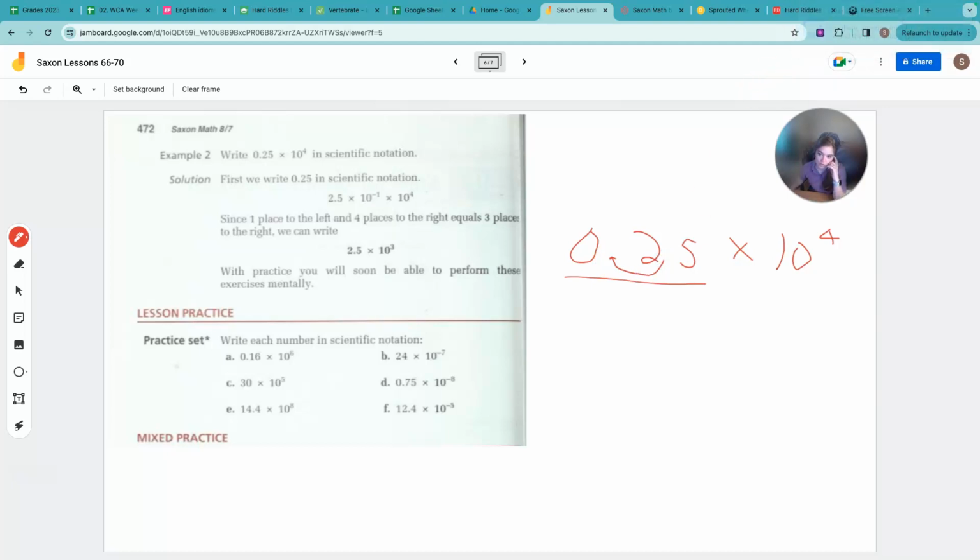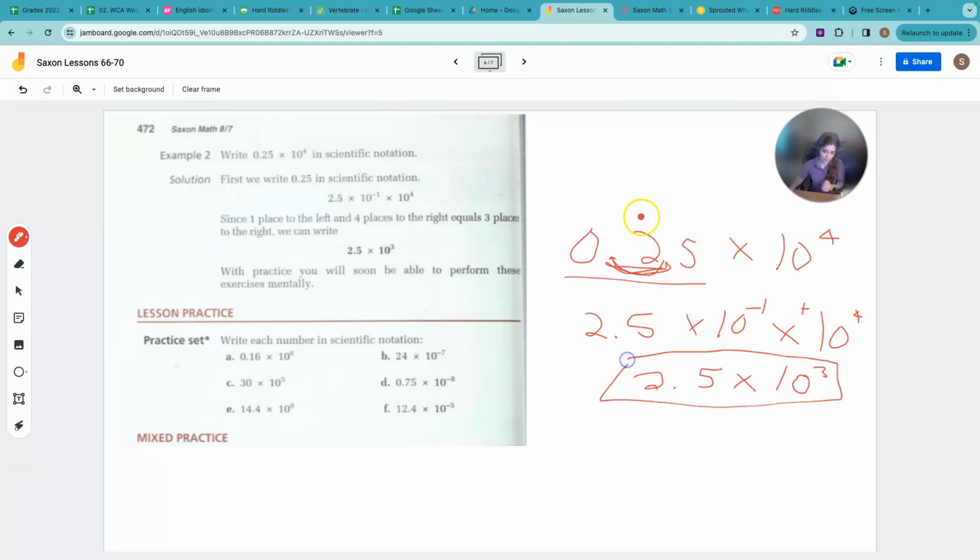And since we're moving it to the right, we're going to use our math sense here and say that's going to be -1 in our exponents. So we have 2.5 times 10 to the negative first power times 10 to the fourth. Now remember, it's -1 plus 4. Well, what's that going to be? 2.5 times 10 to the positive third power.